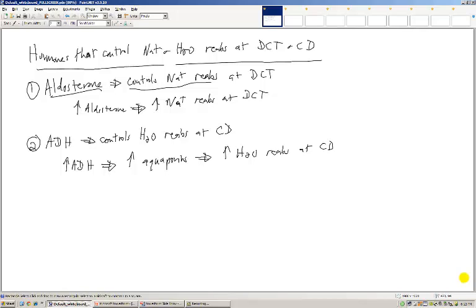which leads to more water reabsorption at the collecting duct. And by the way, I should probably give a little more information up here too.